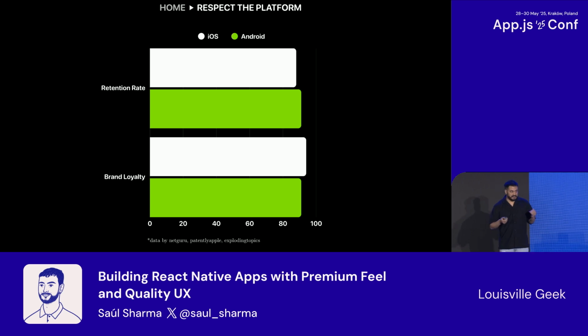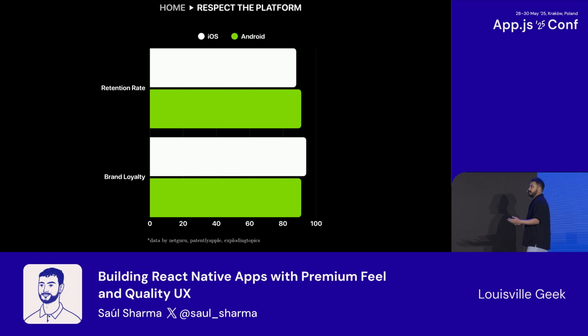My mom doesn't know what a segmented control is, but she can tell from muscle memory what it does. Same with my dad. He may not know what a popover means, but he knows that this is where there will be some content or some buttons or whatever. Same goes with brand loyalty.